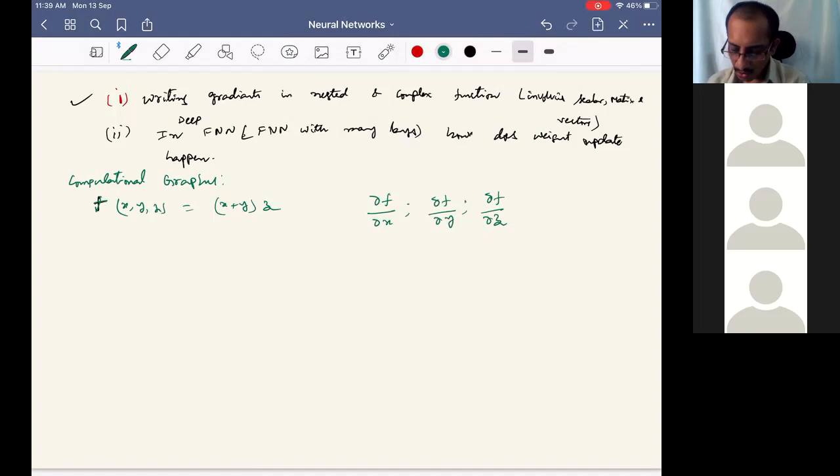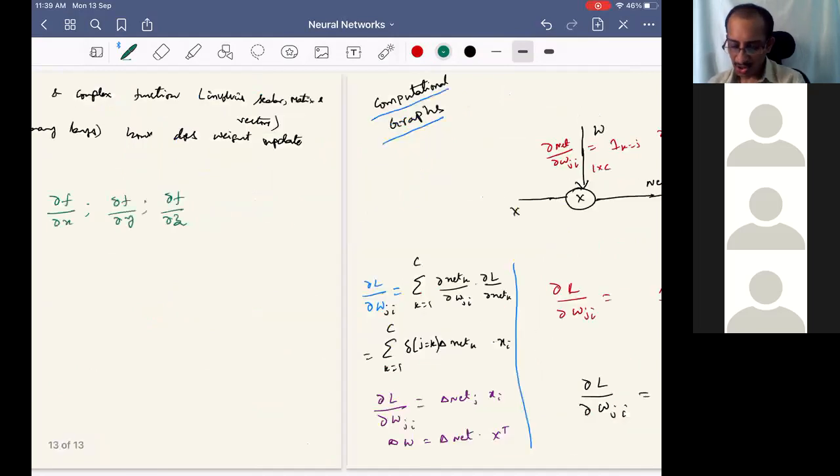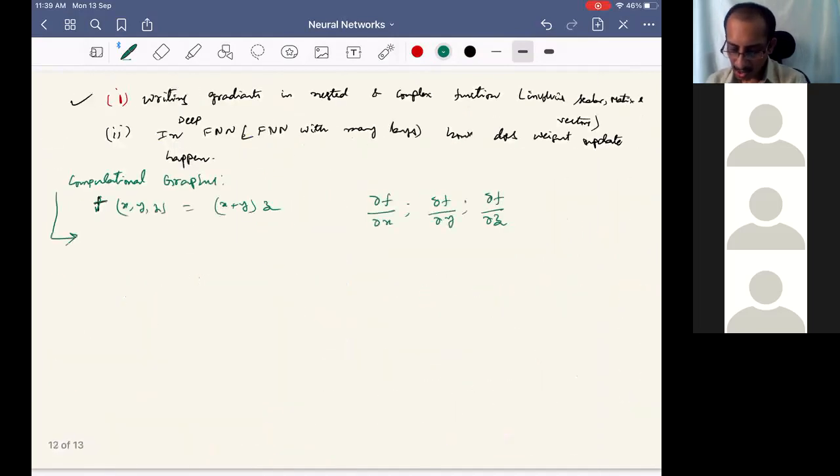The suggested procedure should be, as we have already seen, that using local derivatives and writing gradients is useful. So we should actually use the local derivatives.